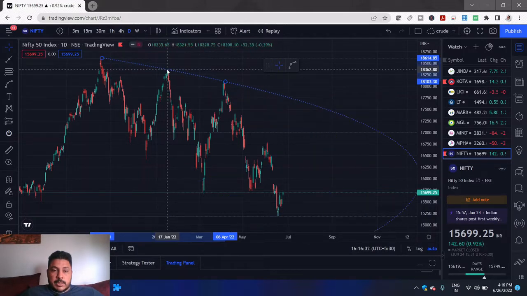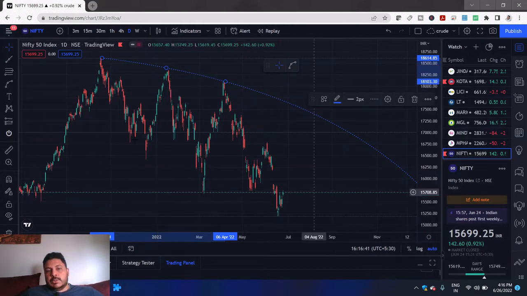This is a little tricky, because if you make any mistake, it is going to show something different. So this is the way you adjust the curved trend line.